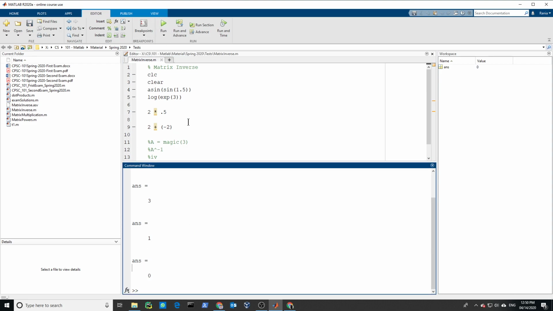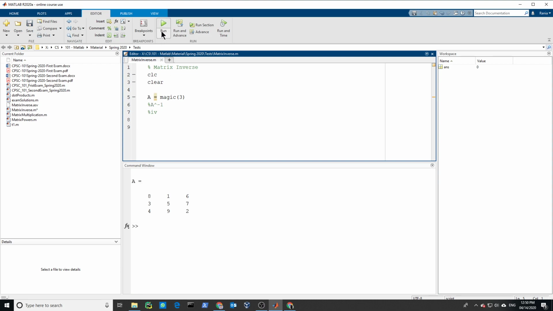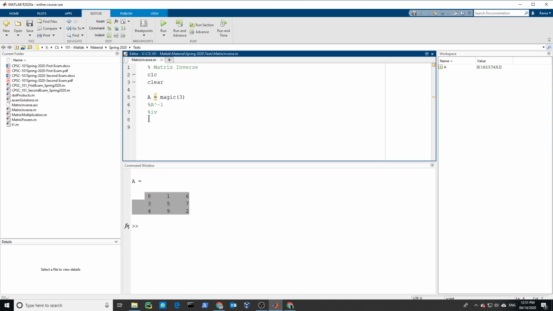All right? And the question is, what is the inverse of a matrix? So let's try. Let me delete this now. Okay, we understand what an inverse is right now. Let's say that we have a matrix A, a square matrix 3 by 3 using the magic function. So if you need to calculate the inverse, there are two ways of doing that. It's like A to the power minus 1 will give me the inverse.